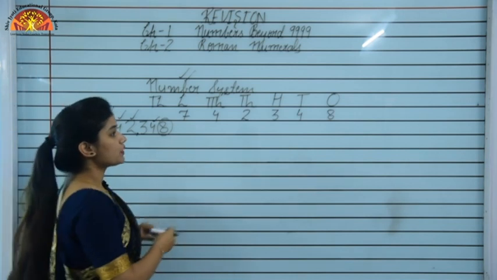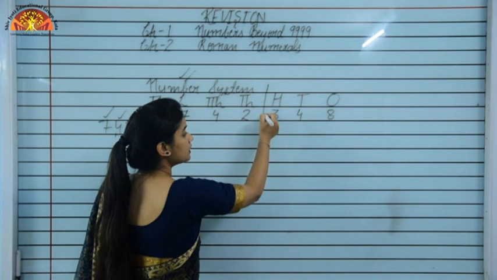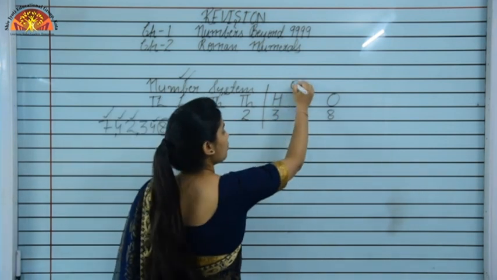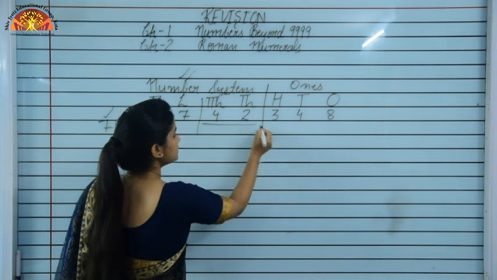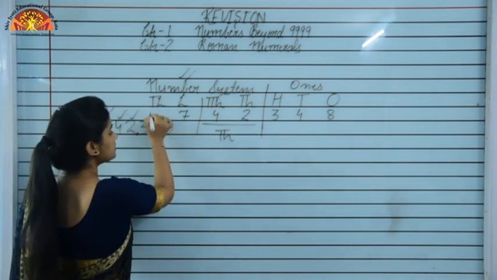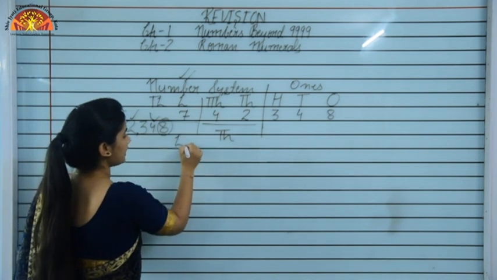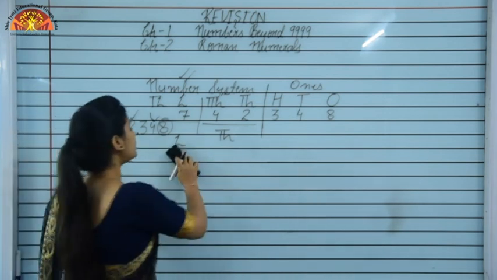Understood students? So we will divide these numbers according to group. The first group is ones, and the next group is thousands, and this group is lakhs. Understood students? Now how will we read this number?